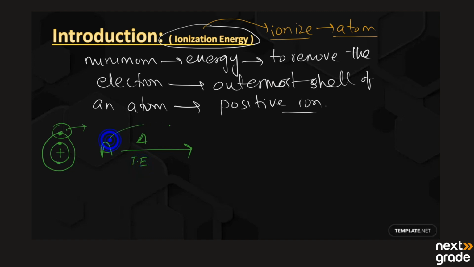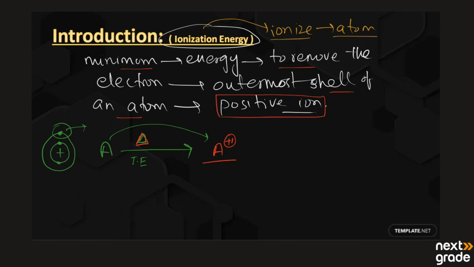After the removal of this electron, it changes into a cation, +1. If we remove one electron, then it will carry the charge +1. So this is the ionization energy, the minimum amount of energy required to remove the electron from the outermost shell of an atom to form a positive ion.